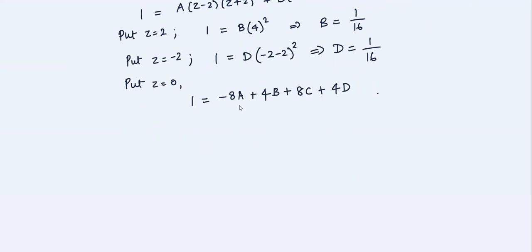Now, so we get, let us do this, we get 1 is minus 8a minus 8c plus. B and D are 1 by 16, so 1 by 4 plus 1 by 4. So we get a minus c as, this is minus 1 by 2, take to the other side, a minus c is 1 by 2 by minus 8. So minus 1 by 16.